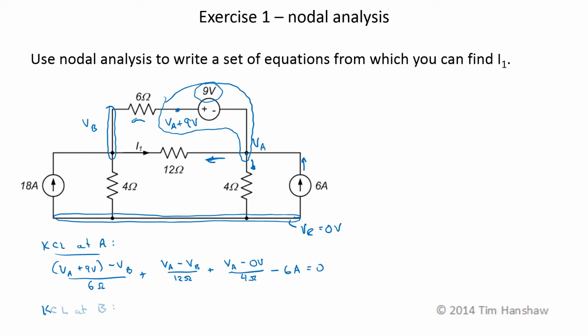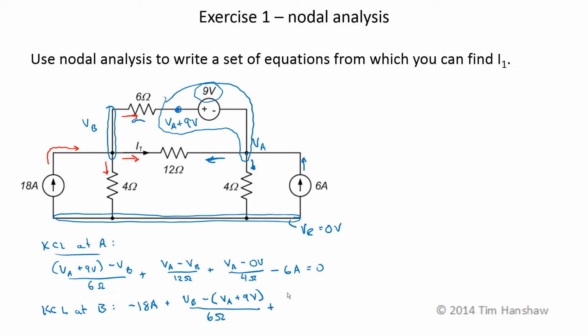KCL at B. At this node, I'm going to assume that currents are also positive leaving. So I have 18 amps entering the terminal. That will be a negative contribution to KCL. So I have minus 18 amps plus this current through the 6 ohm resistor, which is V sub B minus this voltage, V sub A plus 9 volts, divided by 6 ohms.